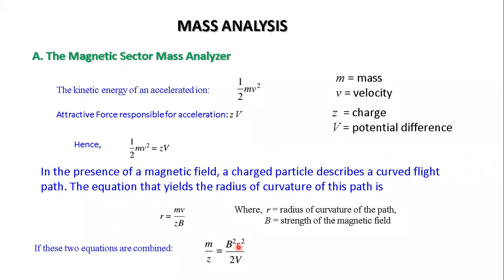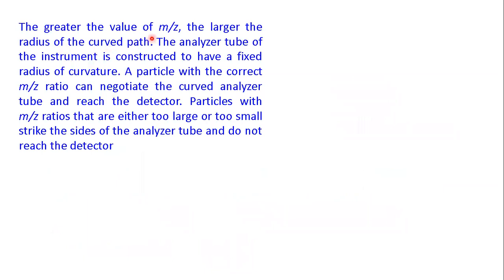In the mass spectrum, you will understand, greater the value of M by Z, larger the radius of the curved path. The analyzer tube of the instrument is constructed to have a fixed radius of curvature. The analyzer has been set up in such a way that it has a particular radius of curvature.